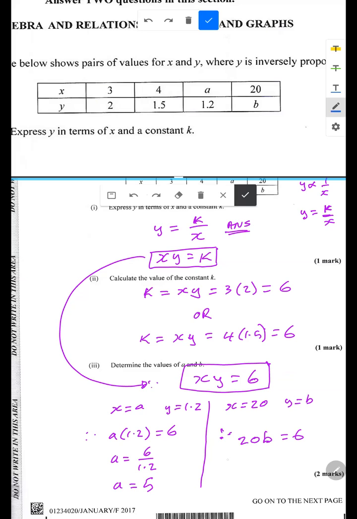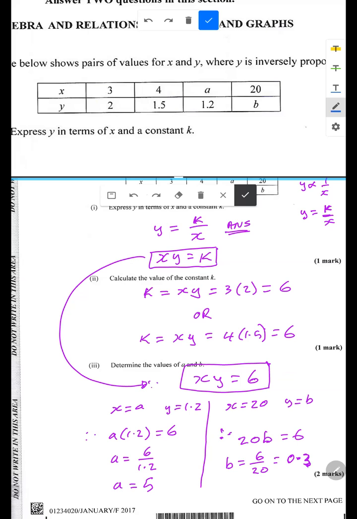So divide by 20. So b equals 6 divided by 20, which is 3 over 10, which is 0.3. Since I put decimals in the table, you can put decimals in the answer. 0.3. And that's it. Good?